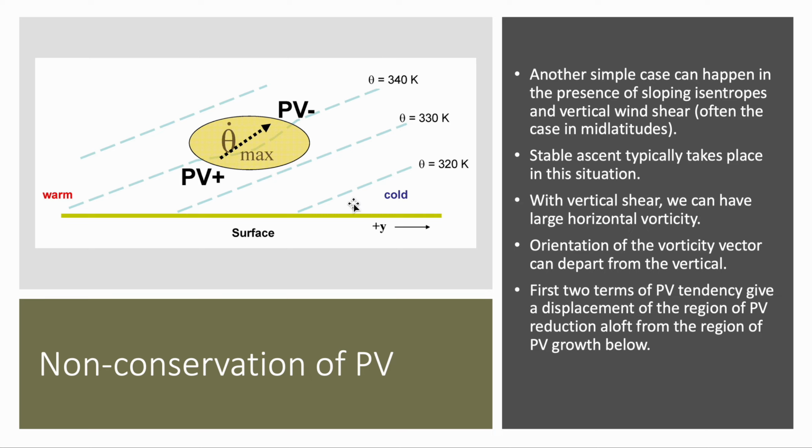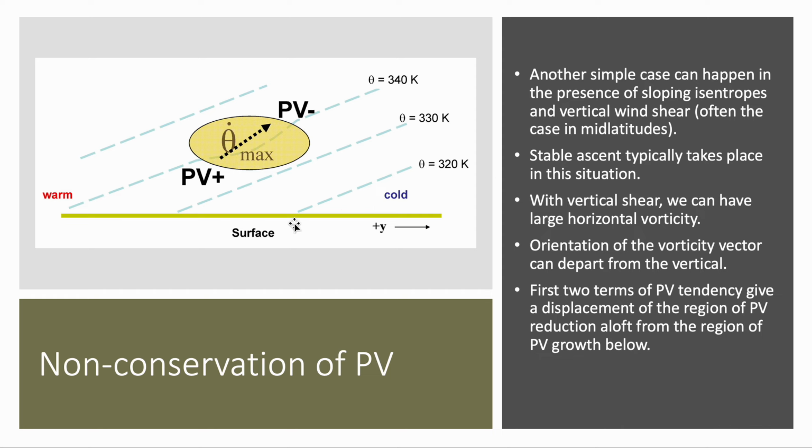This is more likely to be the case, particularly over pretty large distances, and is often the case in the mid-latitudes. So if you have the release of heating, and it needn't be latent, it can be any kind of heating tendency, this will still squeeze and space out the isentropes, but in such a way that the PV maxima and minima that are generated below and above this area are not going to be co-located anymore. They'll be in different positions.